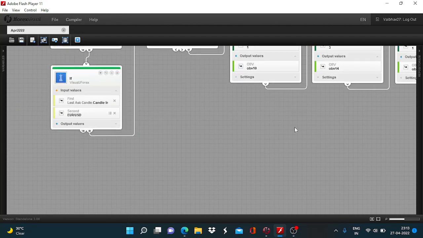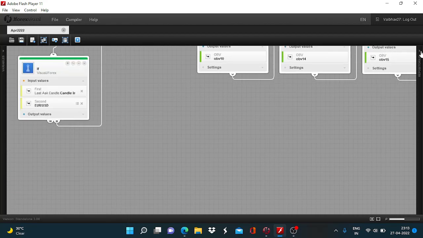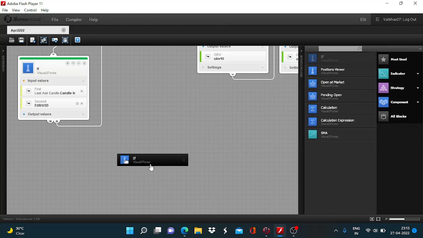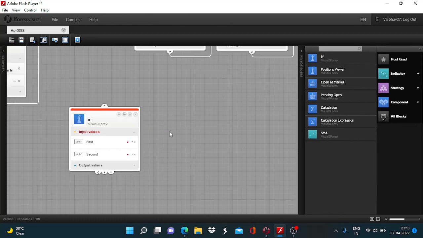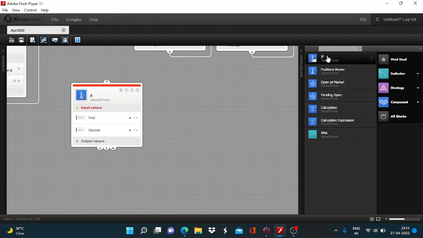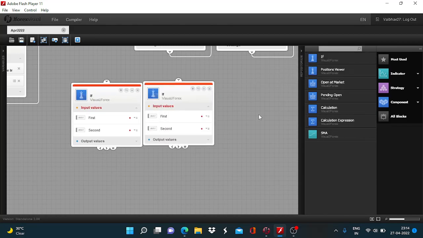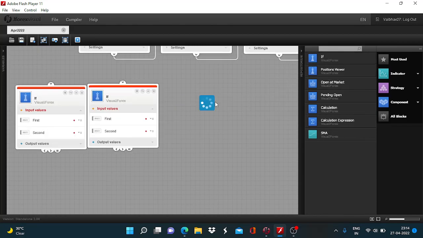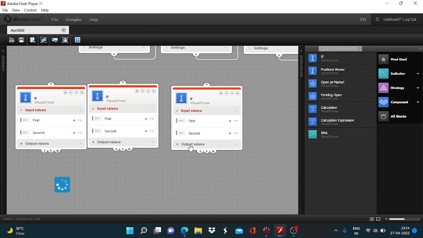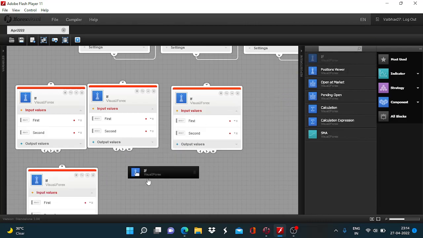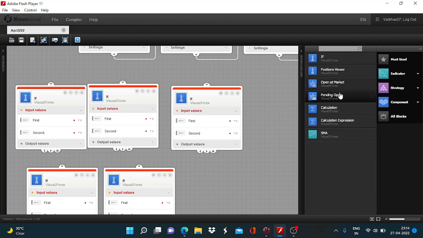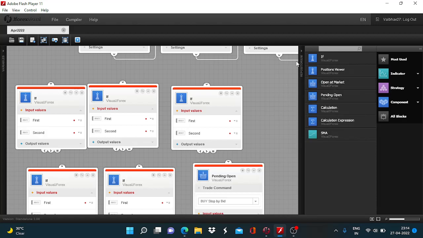Here we will need to add the if blocks. We are going to need 5 of these as our formation is going to be symmetric. While defining the conditions for the execution of the buy trade, we had taken 5 if blocks, so the same amount of if blocks will be needed now, and it will be followed by the pending open trade command.